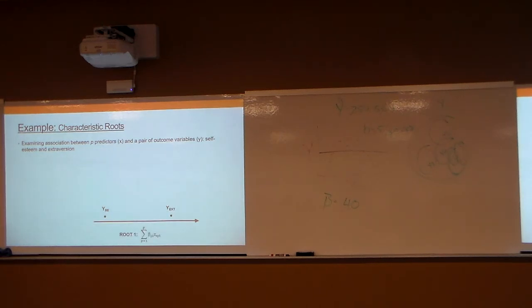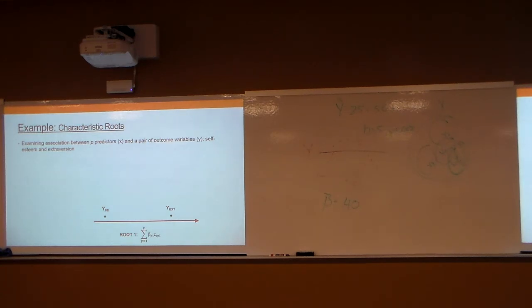I might be able to capture the distinction between these things with one root, right? So the sum of my weighted predictors is going to help me differentiate between scores on self-esteem and extroversion here, right? This one's here along the dimension, this one's here along the dimension, cool, those things are separated out.